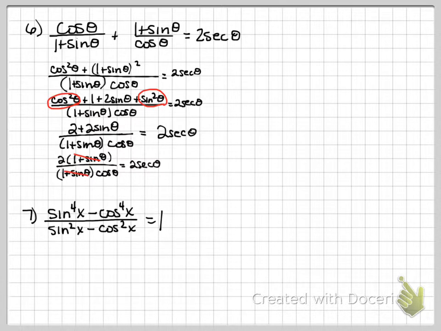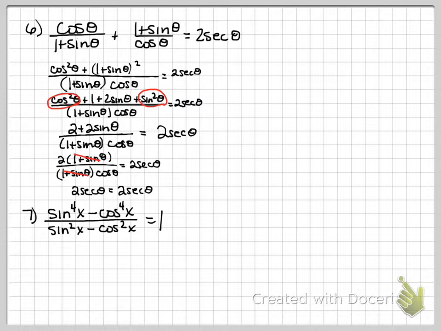And now I have 2 over cosine. Well, if I take the reciprocal of that, that gives me the 2 secant theta, which is what I was looking for. Okay, so this one was a little bit longer, but again, it's involving some multiplying and substituting and then simplifying.